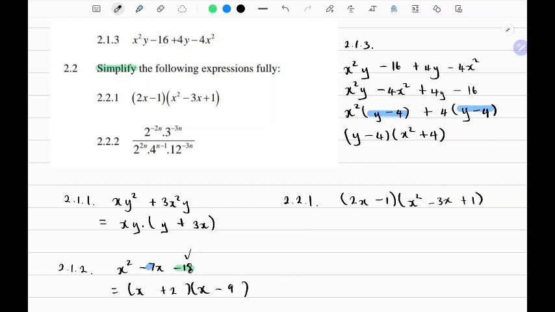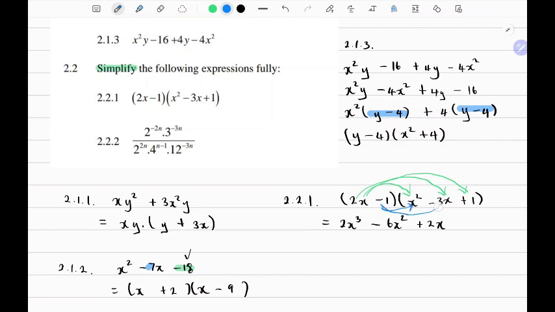So you just multiply the first term with the terms in the second factor. So this here is 2x cubed minus 6x squared plus 2x, and we do the same for the second term.